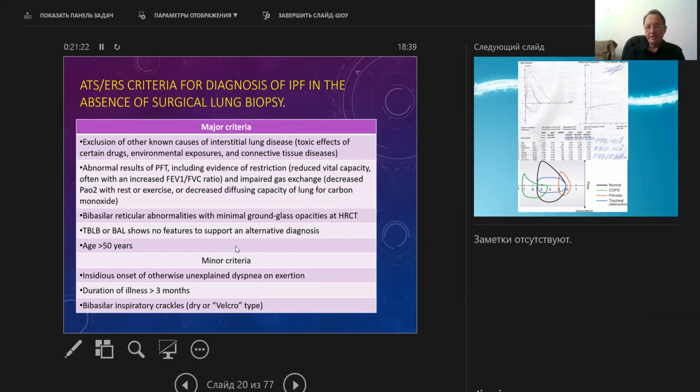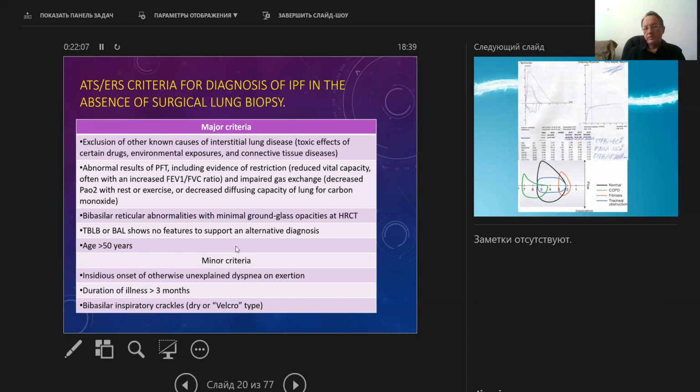Then abnormal results of spirography tests, including evidence of restriction. First of all, reduced vital capacity and forced vital capacity. And due to prevalence of restriction over obstruction, the ratio between FEV1, which reflects obstructive disorder, and forced vital capacity, which reflects restriction, is increased.